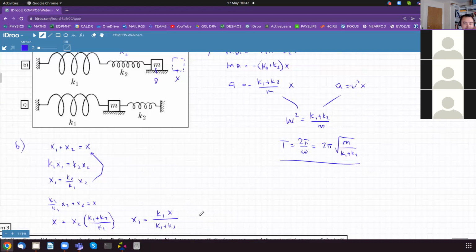In a similar way, it's easy to prove that x1, it comes from symmetry, is k2 multiplied by x over k1 plus k2.